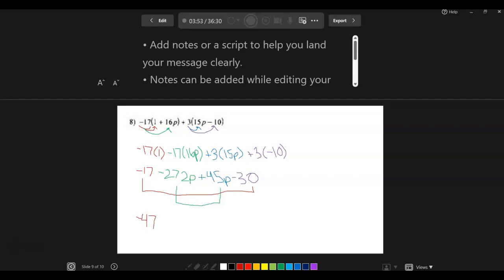And negative 272p and positive 45p. Your signs are different. If your signs are different, you're going to subtract your values. So 272 minus 45 is 227.